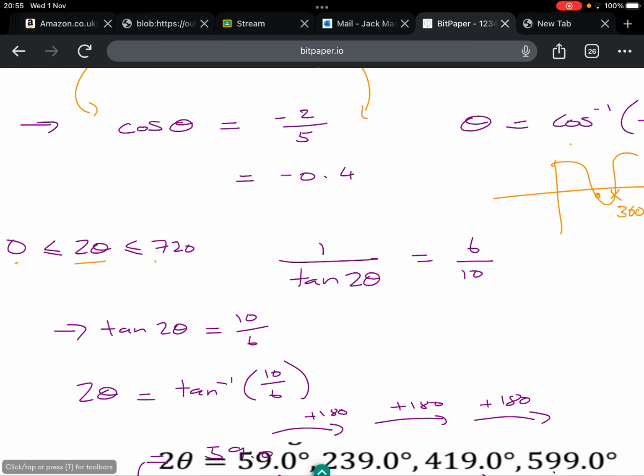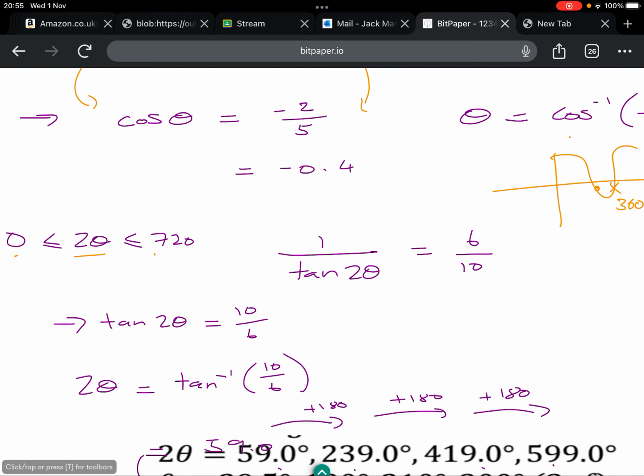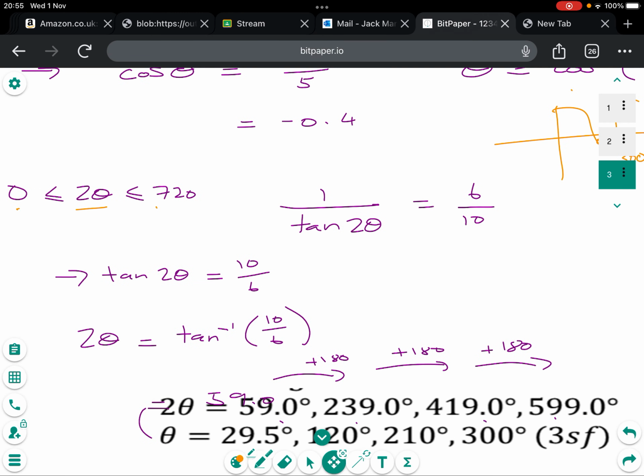And I'm going to keep doing this, so as I said before, until I've covered 0 to 720. 59, 239, 419, 599. You can check it for yourself if you like, but if I do another one, it's outside of this domain that we're looking for.